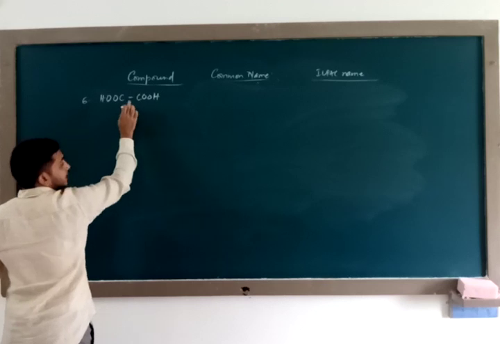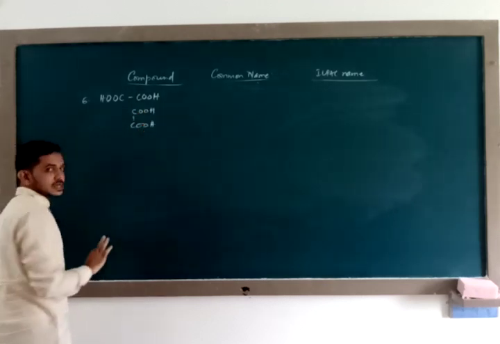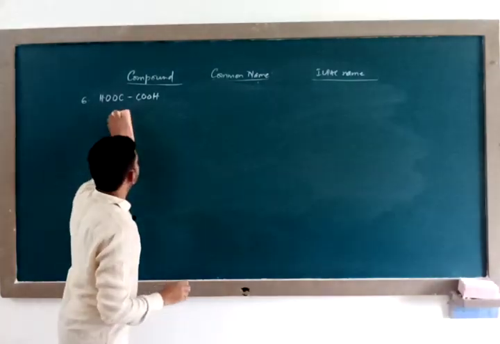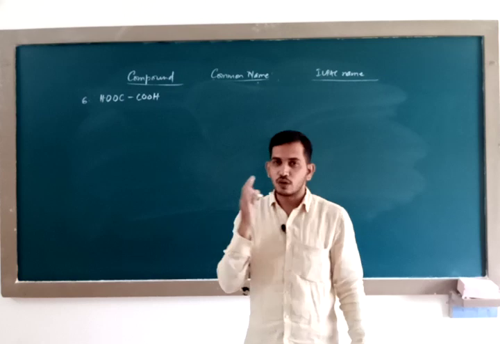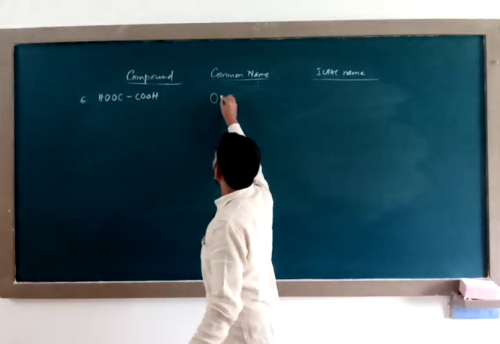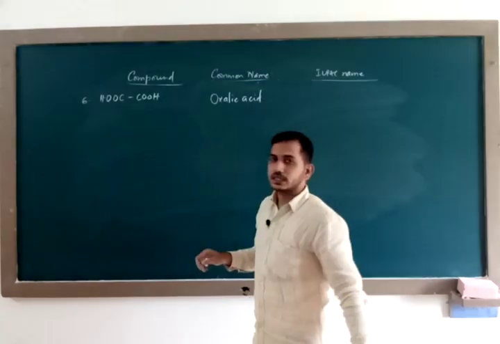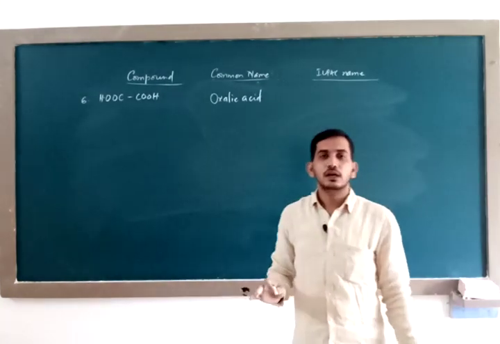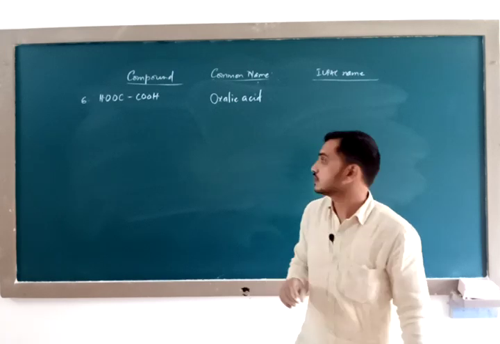In some books you will find this written differently, but both are the same. Now this compound contains two carboxyl groups. Its common name is oxalic acid. You do not have to remember common names of any compound, but remember their IUPAC names.